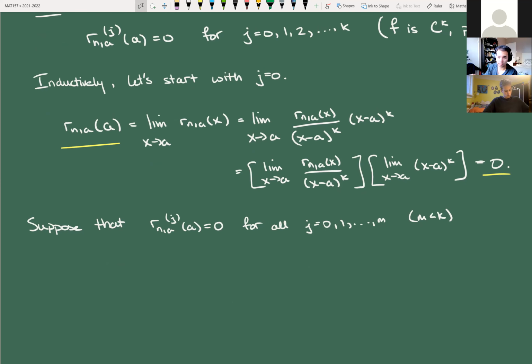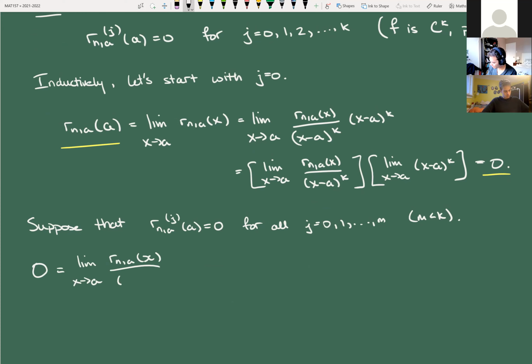And of course, strong induction is a misnomer because strong induction and induction are exactly the same. Okay, and so now what I'm going to do, how do I want to do this? Yeah, let's just start at the beginning. So I'm going to say 0 is now equal to the limit as x approaches a of R_n,a(x) over (x minus a)^k.